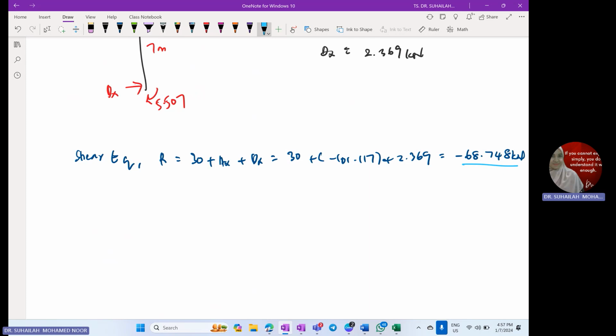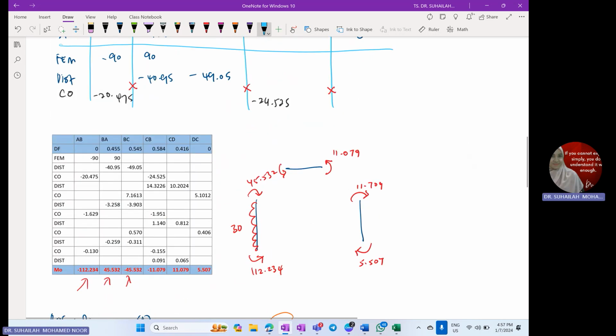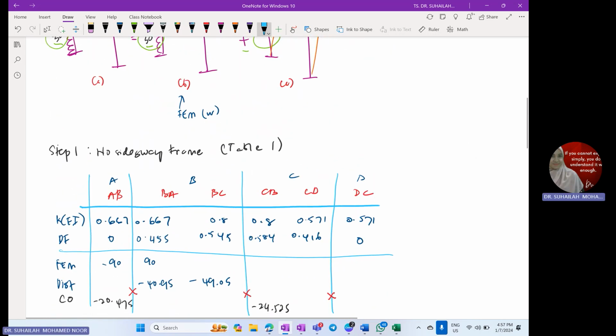So this is step 2. Okay, we calculate FEM table and then we calculate R value. Okay, so this is for step number 1, no side sway frame analysis. This is table number 1.